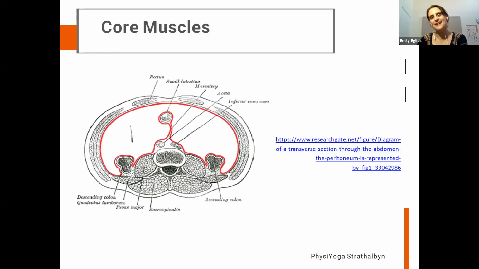So one of the reasons I don't like the term core is this is a cross section. So we've taken a slice through a person here. And so this is the spine at the back, and this is your back, and this is your rectus muscles at the front. And what you can see, when you say core, it makes me think the very center, deepest part of your body. Well, if we look at that, it's actually probably your aorta and your inferior vena cava.